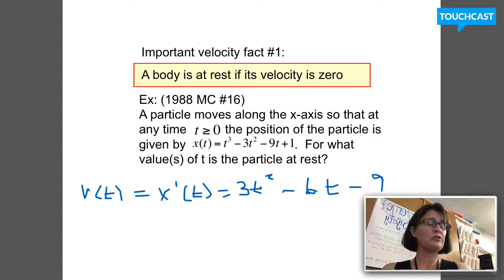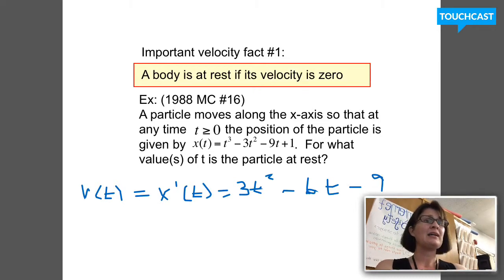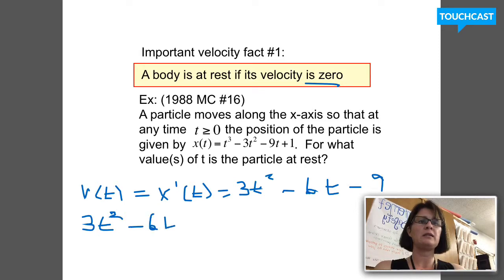Okay, so my first step was to find the velocity. V of t is 3t squared minus 6t minus 9. I'm going to take that velocity and set it equal to 0. So I'm going to write 3t squared minus 6t minus 9 equals 0.